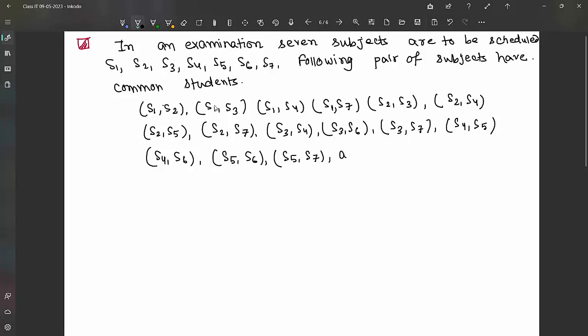After that, and at the end, S6 and S7. So these pairs of subjects have common students.